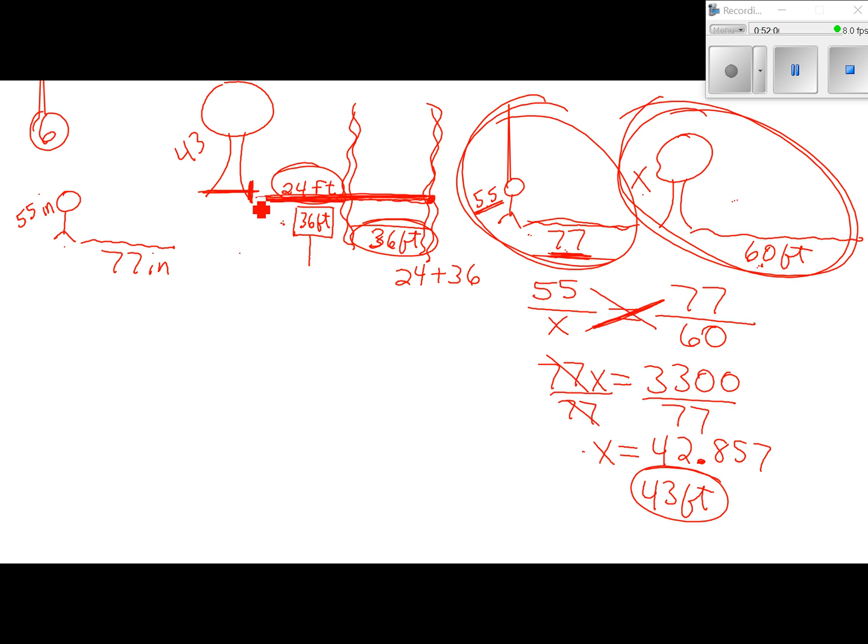Well, from the base of the tree right here to the other side of the chasm is 60 feet, and this is 43 feet, so the answer to that is no. It's not going to reach the other side, unless they could somehow get it closer and drop it right at the edge of the chasm, then yes, it could, but if they just drop the tree right here, when it falls, it's going to end up laying something like that, and it's not going to reach over the chasm.